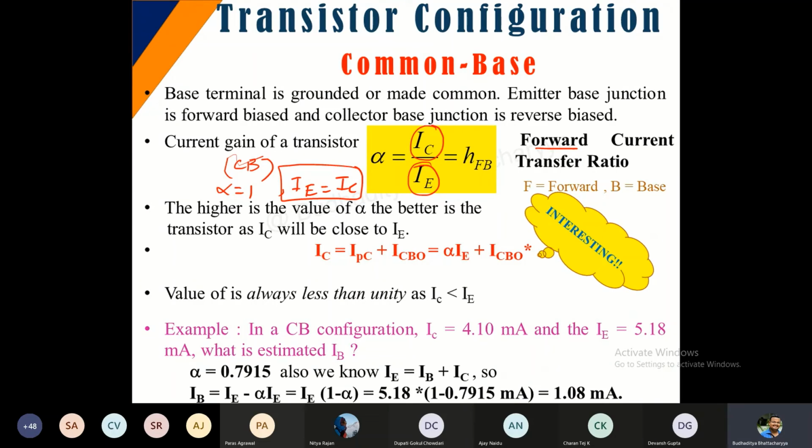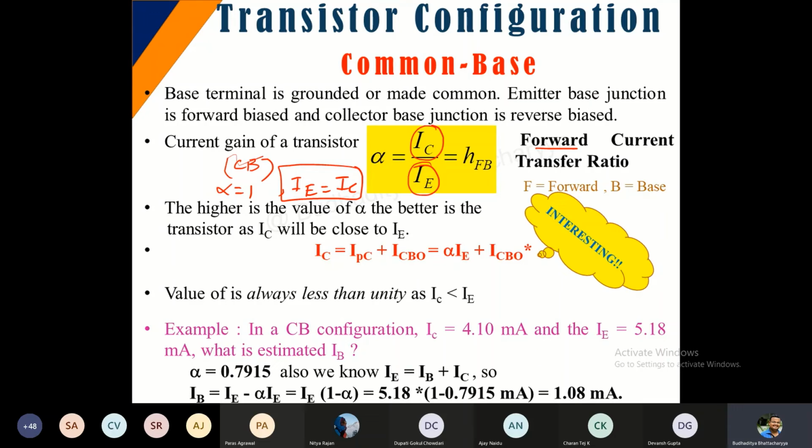As I already mentioned, the value of alpha is always less than unity because IC will always be less than IE. The condition IE equal to IC is hypothetical; it will never happen. IE will definitely be greater than IC, because IE is the source and IC is the collector.